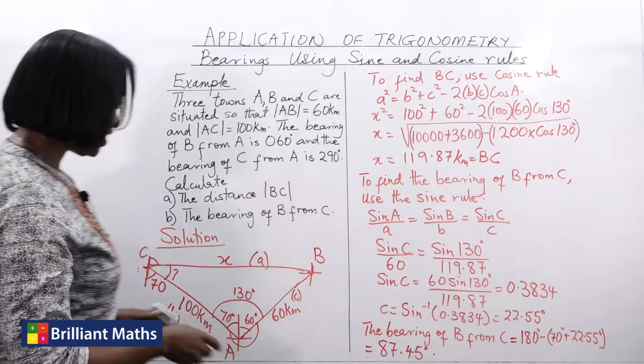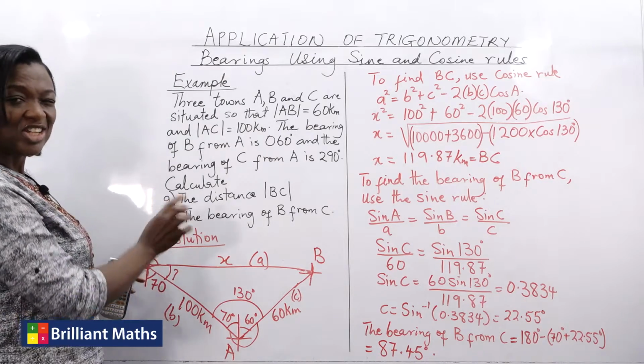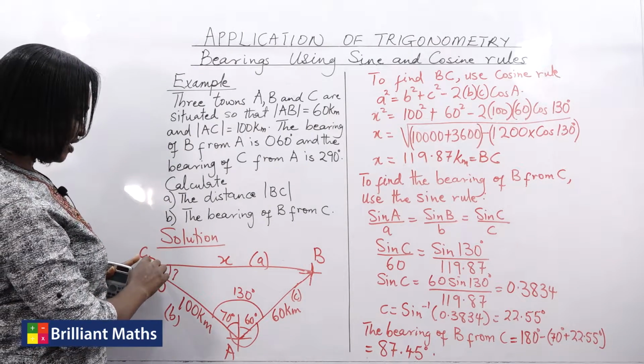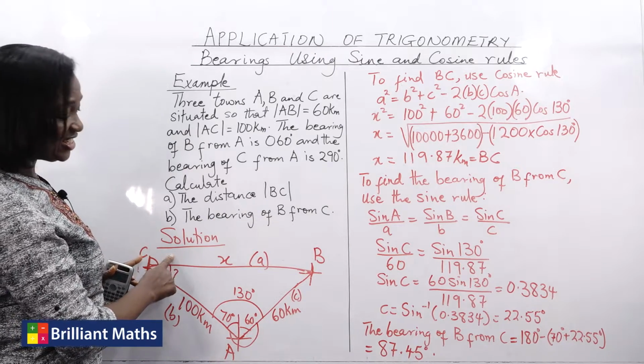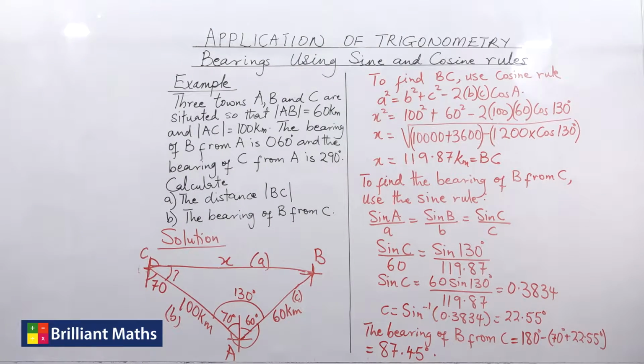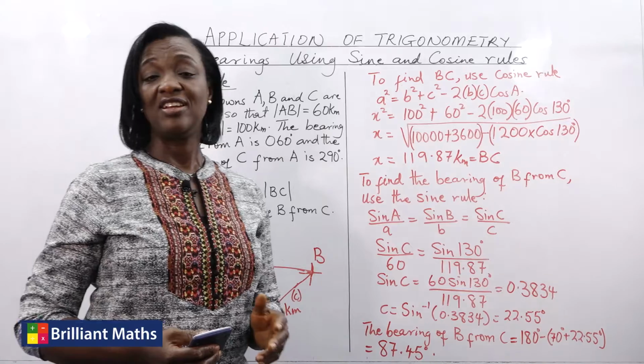So that means that the bearing of B from C, the turn it makes from C to go to B, is 87.45 degrees. We have solved that question, and there are many more that you can find.